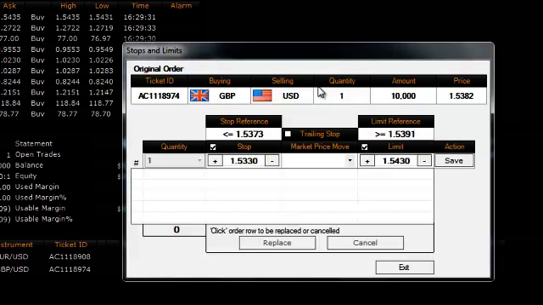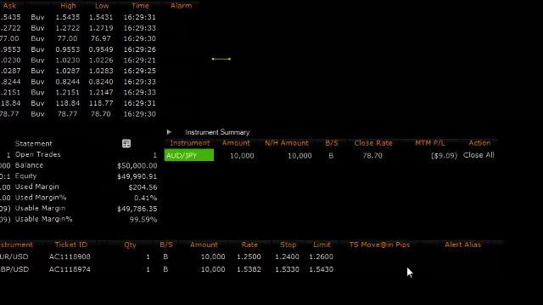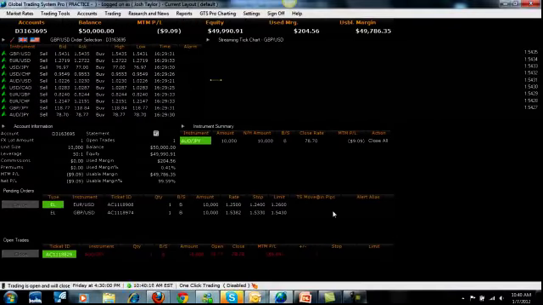And we made a nice, almost 50 pip profit. That's how we do it. But if the trade goes against us, we want to make sure that we protect ourselves and close out at a position that's going to be safe for us. That's why we put the stop loss. At this point you push save, and that trade has been entered.